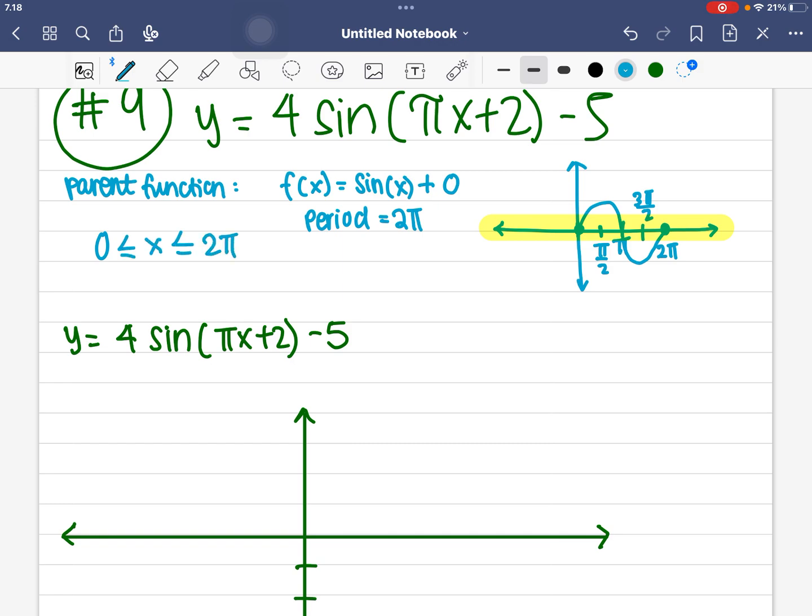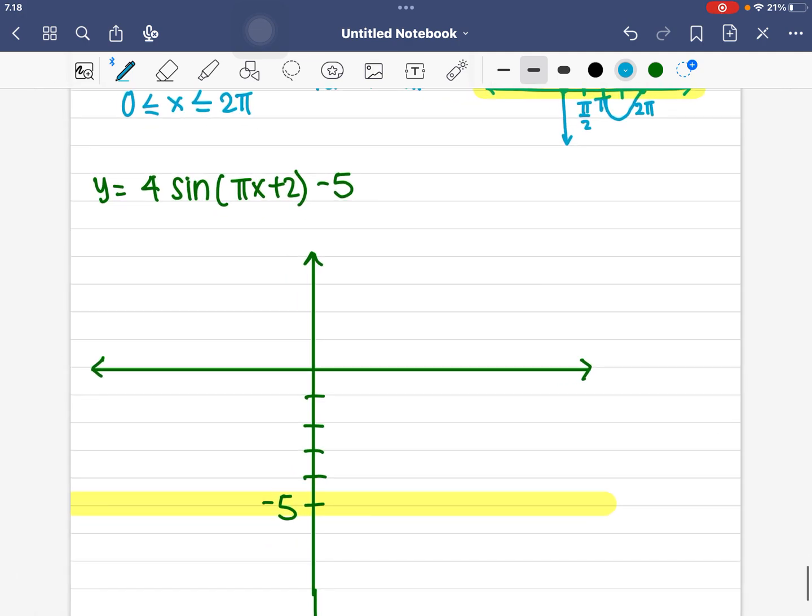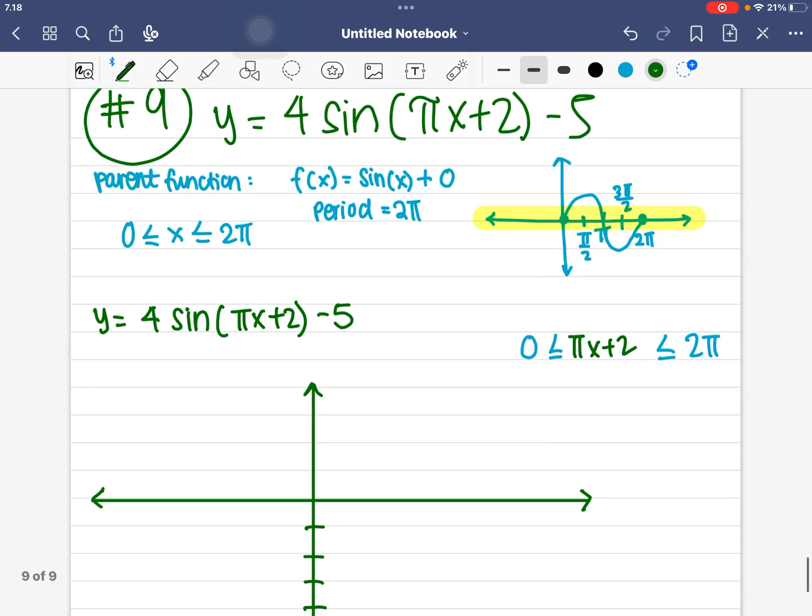right? But now, in this new function that we have here, I'm going to keep the original parent function 0 to 2 pi, but now in the middle we have pi x plus 2. Do y'all see the difference? This is x here, right?